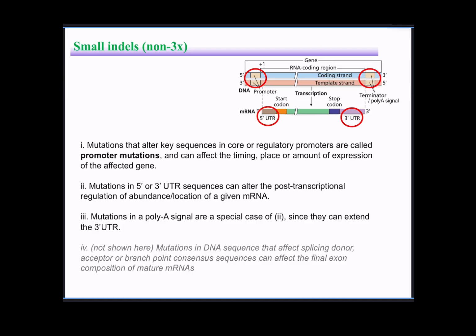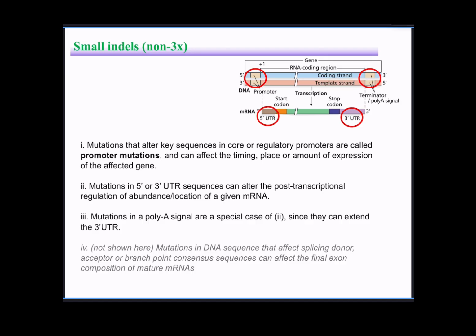For instance, a gene that starts being expressed in cells where it normally isn't expressed, or at times when cells normally wouldn't express a gene, and now these mutations will cause them to be expressed. So for regulatory promoters, it can inhibit their expression, enhance their expression, make it higher, make it lower, or change the pattern of expression.